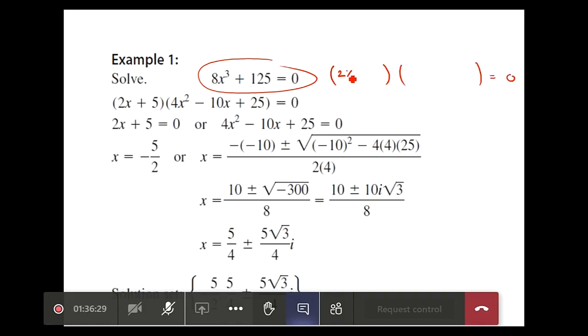We have 2x plus 5, and the general formula: a to the power 3 plus b to the power 3 equals a plus b, times a square minus ab plus b square. Okay, if we have negative here, just put this negative and this positive. Okay, the last one is always plus b square.